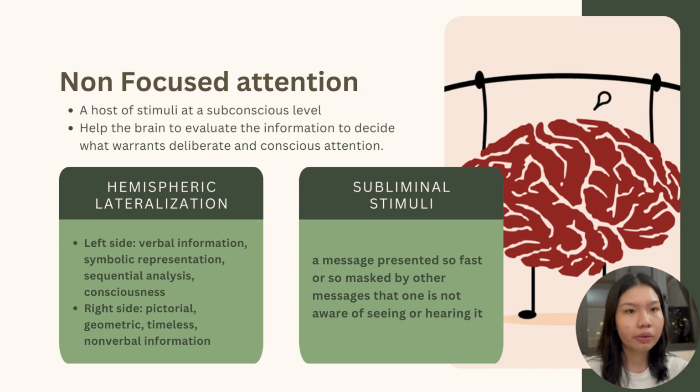So on the left side of the brain we have verbal information, symbolic representation, sequential analysis, consciousness, and on the right side we have pictorial, geometric, timeless, nonverbal information. Like the right side works with image and impression.